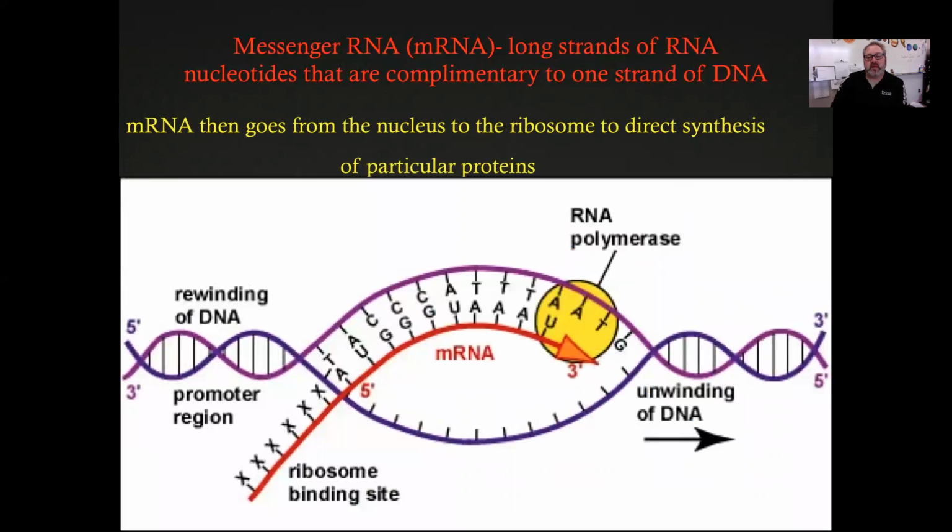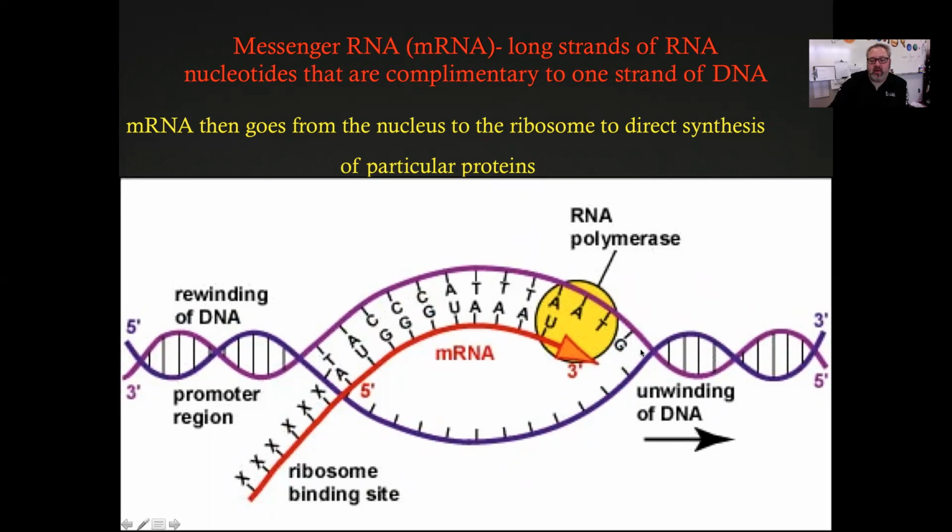So messenger RNA is the first one we'll talk about. mRNA are long strands of RNA that are complementary to the strand of DNA. When we talk about the unwinding, DNA helicase is doing the unwinding, and this parent strand is going to remain in the nucleus.